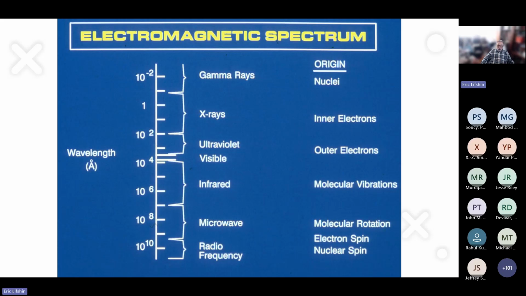If we look at shorter wavelengths, we get into ultraviolet, even shorter X-rays, and beyond that, gamma rays and cosmic rays. On the other end is infrared, microwave, radio frequency. It turns out that each part of the spectrum can tell us something about materials. So people have developed techniques that allow us to look at what elements are present in a material, and in the case of molecules, the details of molecular structure.